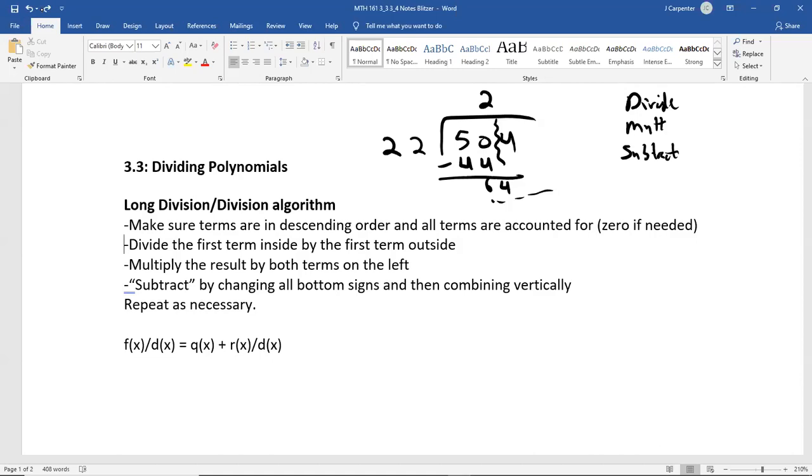If I had the number 22 dividing into 504, could I just write 22 into 54? Is that the same problem? No. You need that 0 to represent the tens. Polynomials, instead of having places, they have powers. You need all of those powers accounted for. You need to see the position for the x's. You need to see the position for the x squareds. So if you don't see them, you need a 0 in their place, a 0x squared or a 0x, and I promise we'll do an example with it.